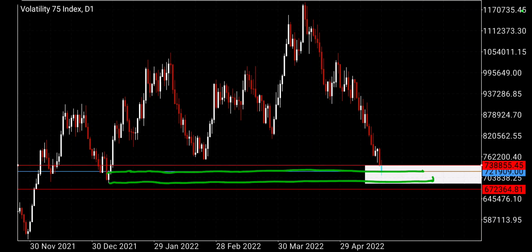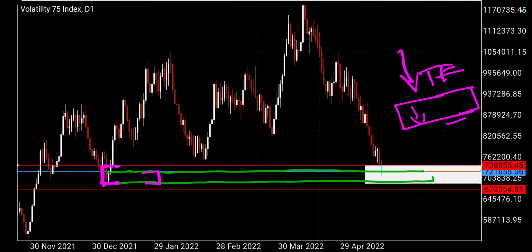Same way here. Our weekly support starts there and ends exactly here. But when you drop down to daily, we find that the daily support starts here and ends there. They are more or less around the same area. Mara, remember, the lower you move in your time frames, the smaller the zone becomes and the more you can find entries.